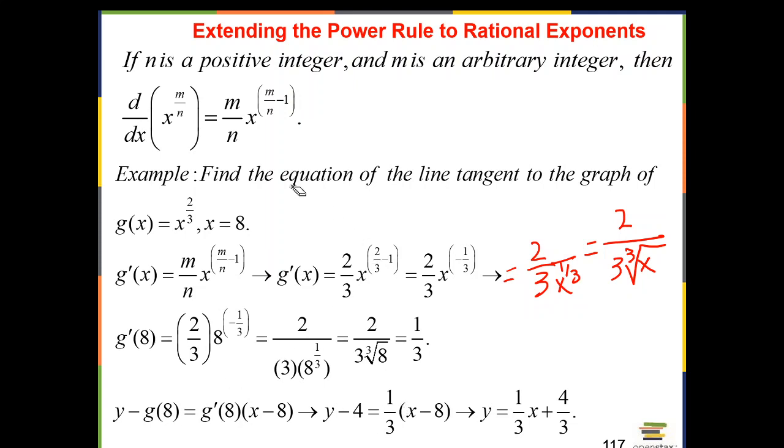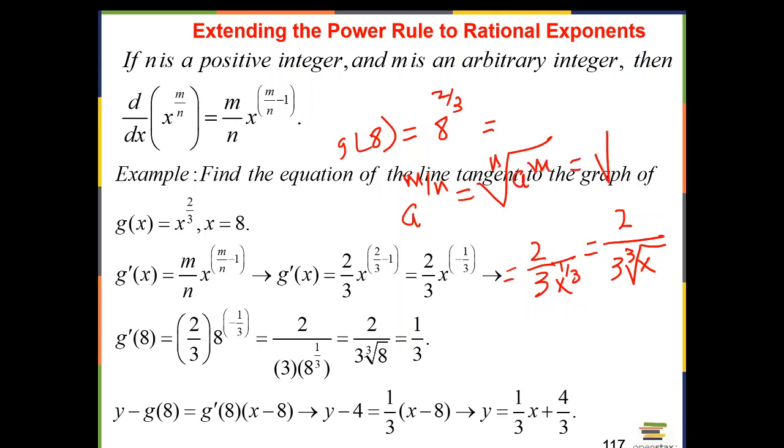And g of 8, if you substitute 8 in here, so g of 8 is just what? 8 to the 2/3 power. Now you know from algebra that a to the m over n is just the nth root of a to the m, or the nth root of a and then the quantity to the mth power.